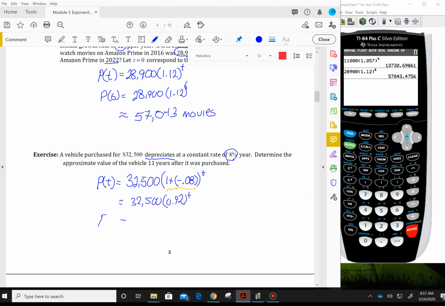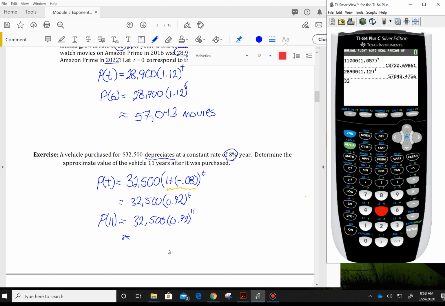We are asked to calculate the value of the car 11 years after it was purchased. So we'll be looking at P of 11. And using our calculator, I get P of 11 to be, again, put in your parentheses to identify your growth multiplier, raised to the 11th power.